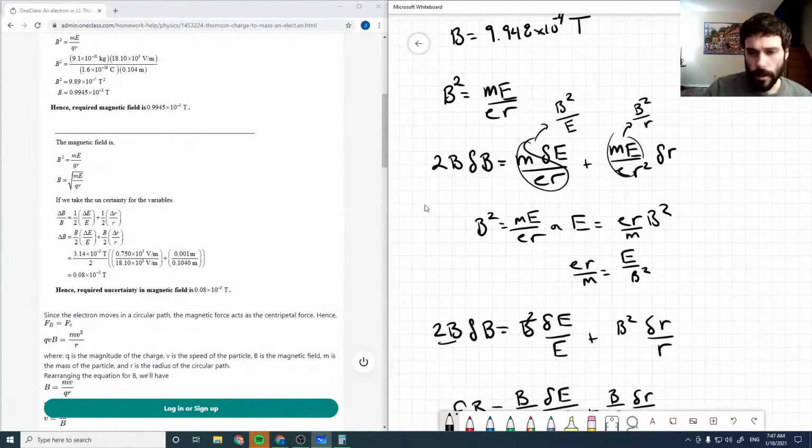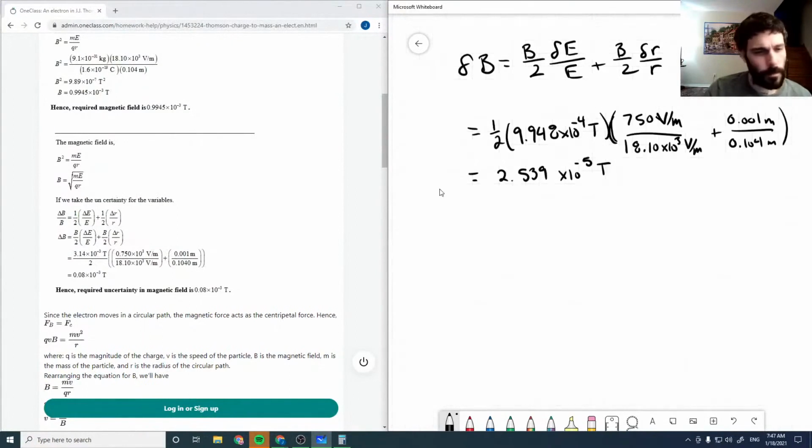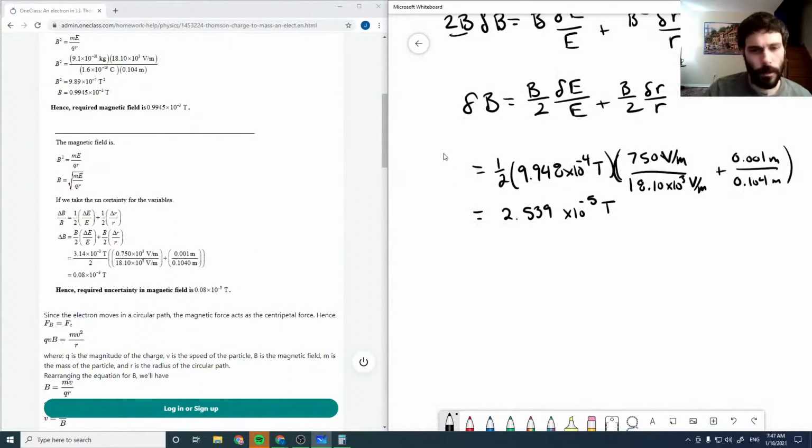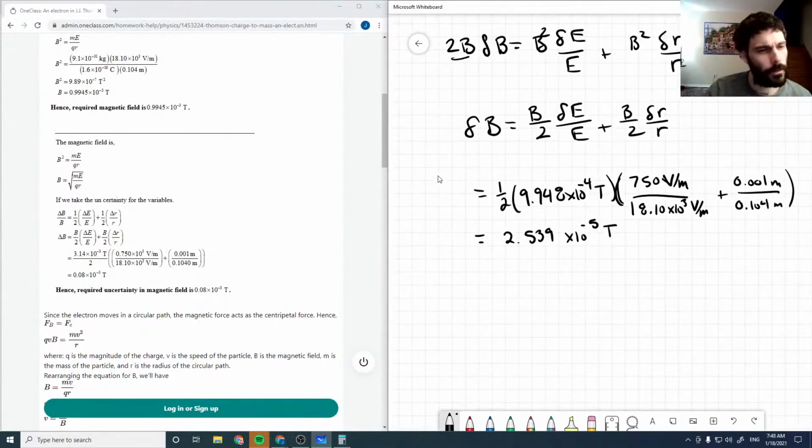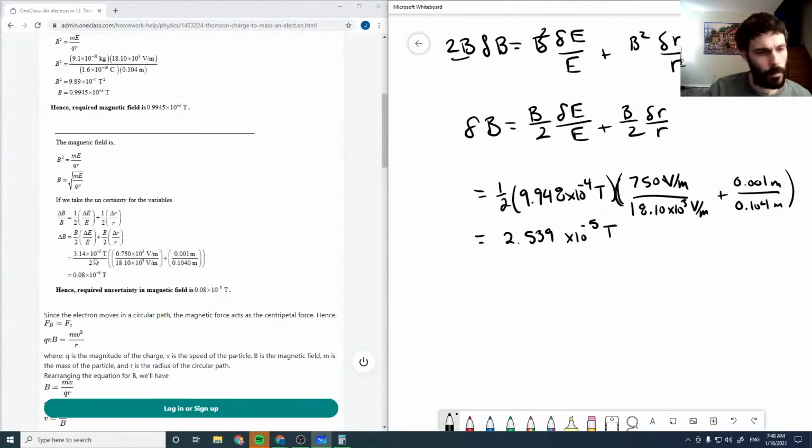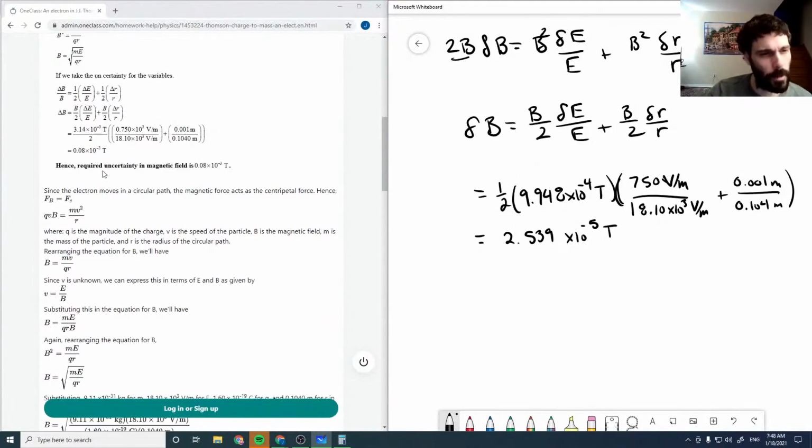And the uncertainty in our field comes out to be significantly different. Oh, but they have a different B field here. That's kind of odd. Yeah, they use a different B field for this calculation, so that's just odd. I don't know why that would be the case.